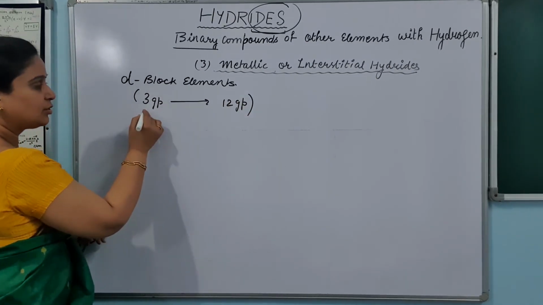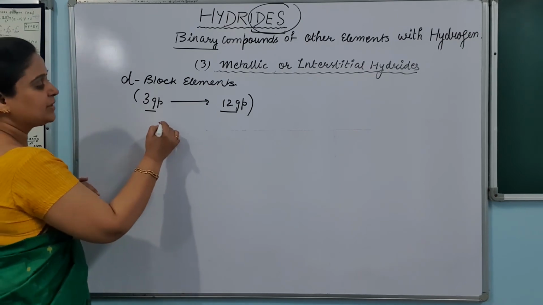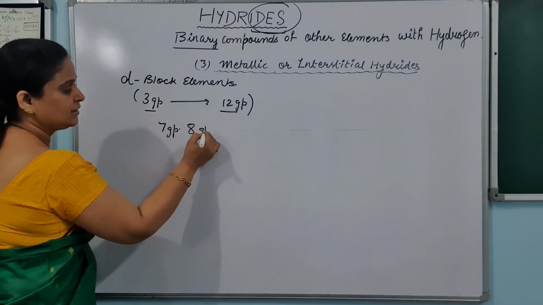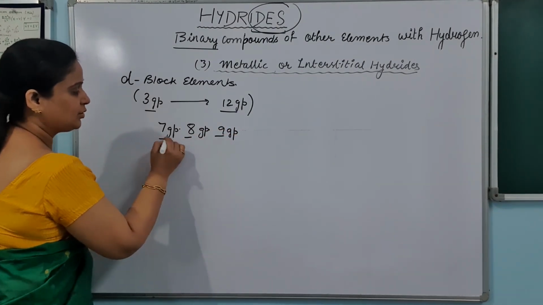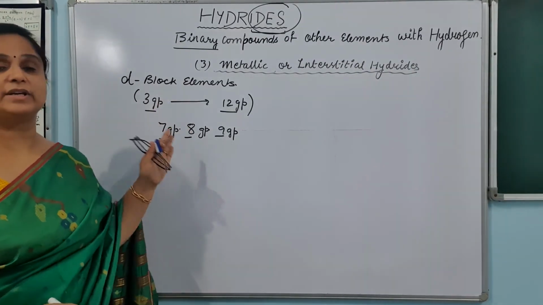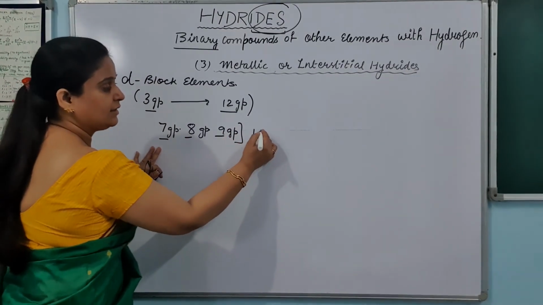So 3rd group to 12th group, all the elements except, to remember, group number 7, group number 8 and group number 9. These 3 groups do not form these type of metallic or interstitial hydrides, and this is called hydride gap.